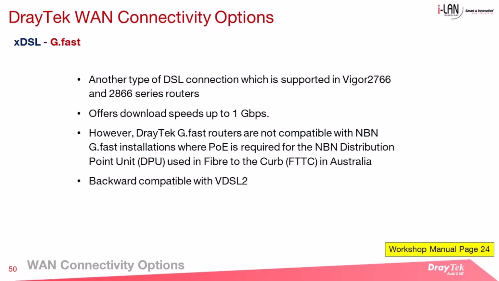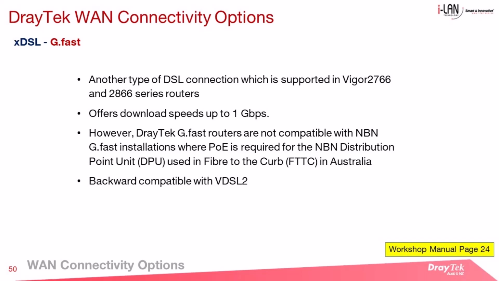All right, the last type of DSL connection, which I mentioned before, is G.fast. This one's supported in the 2766 and 2866 series routers, and they can offer a download speed of up to 1 gigabit per second. Just as I mentioned, DrayTek G.fast routers aren't compatible with NBN, where PoE is used for the NBN distribution point unit as the DPU used in fibre to the curb in Australia.